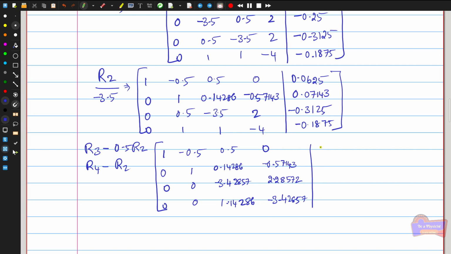And the right hand side will get 0.0625, 0.07143, 0.34822, and minus 0.25893. Okay.